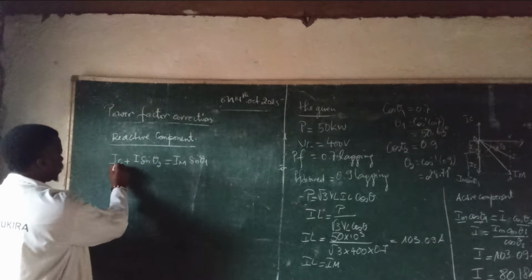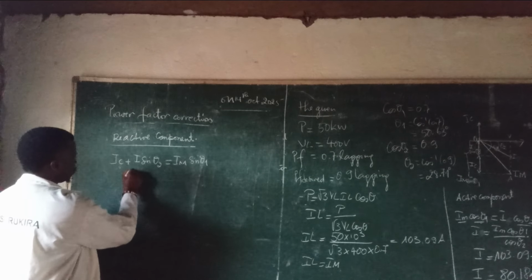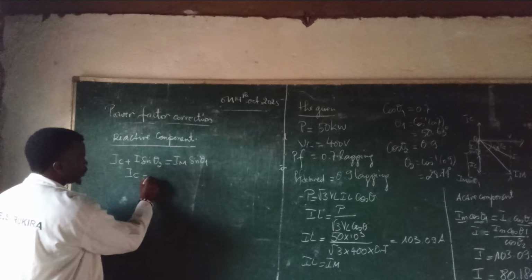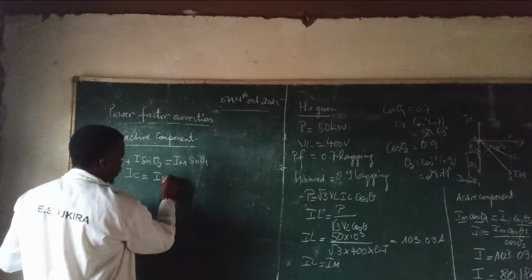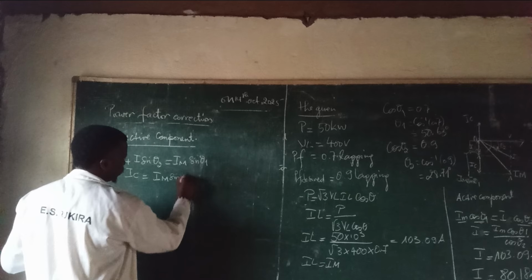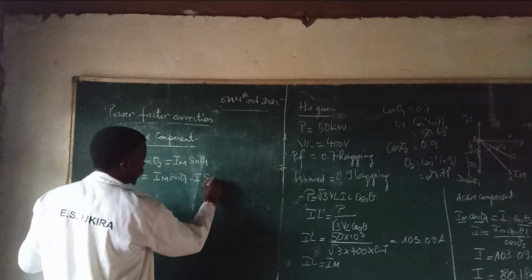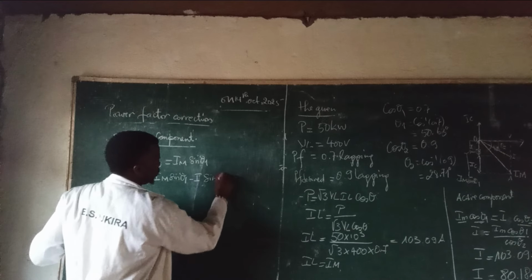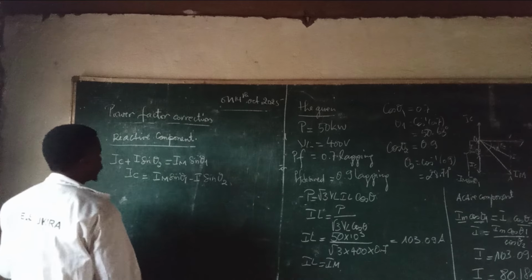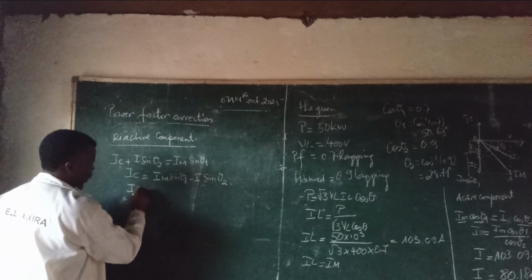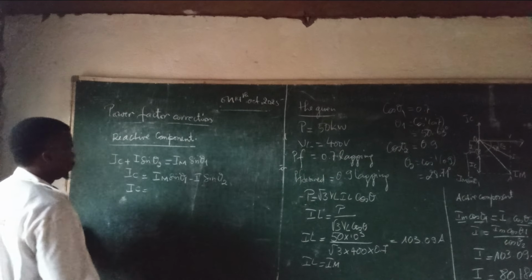Now, for us, what is there before? It is the IC, which is equal to IM sin theta 1 minus I sin theta 2.